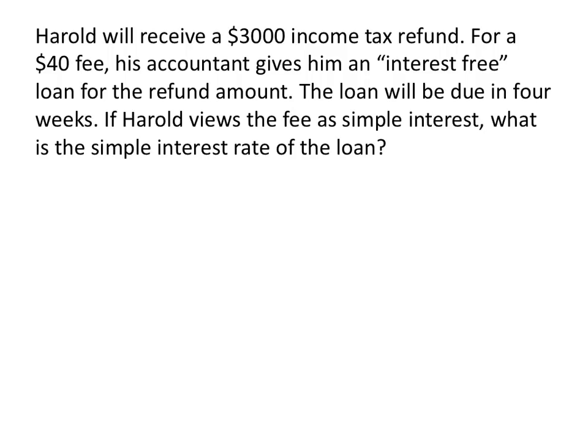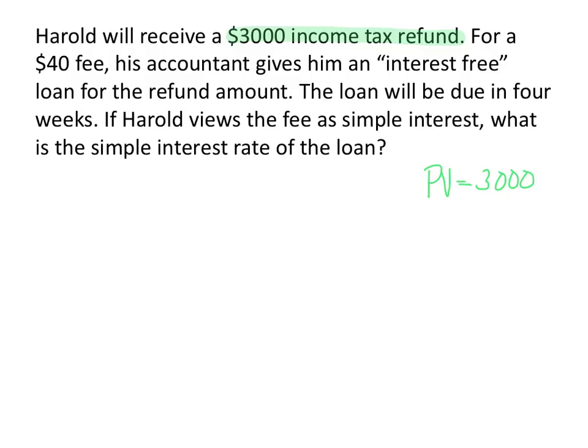Alright, so Harold will receive a $3,000 income tax refund. If he's going to receive a $3,000 income tax refund, his present value is $3,000. For a $40 fee, his accountant gives him an interest-free loan for the refund amount.